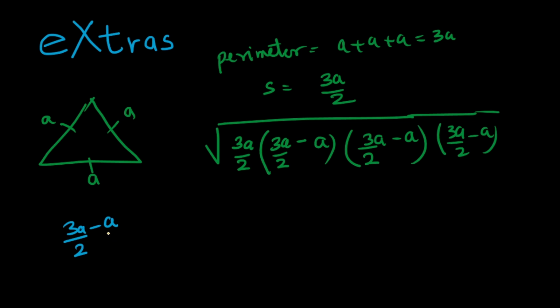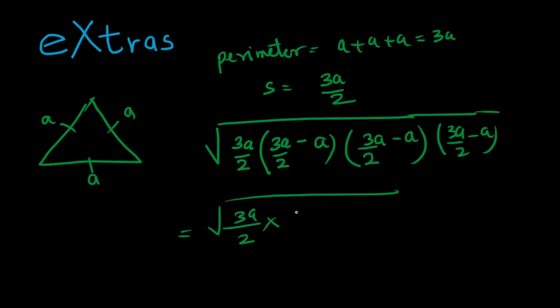Here the denominator is 1, so we multiply numerator and denominator by 2, so we have 3a minus 2a divided by 2, so we get a by 2. So I'll write 3a divided by 2 into a by 2 into a by 2 into a divided by 2, right?